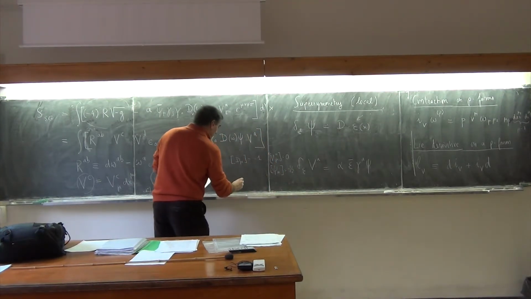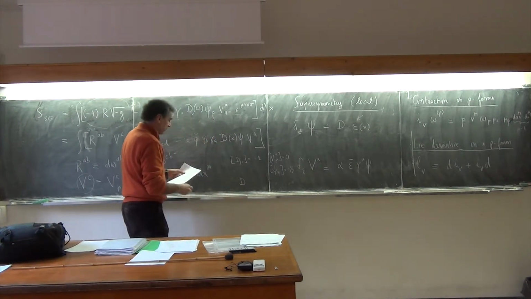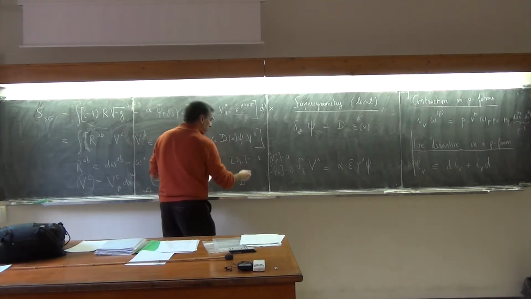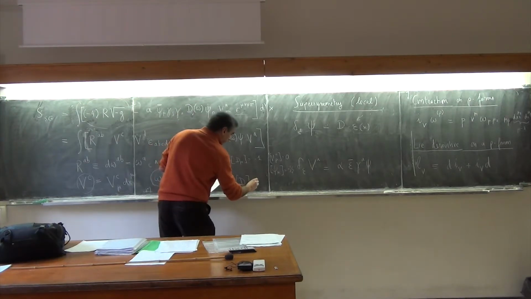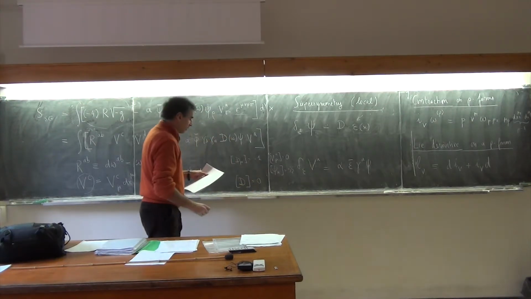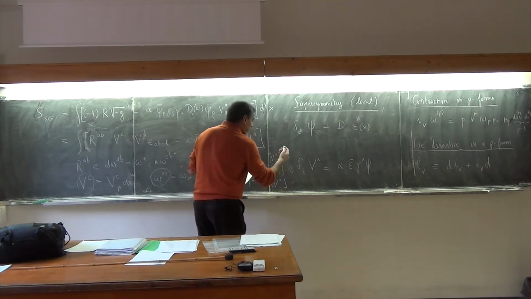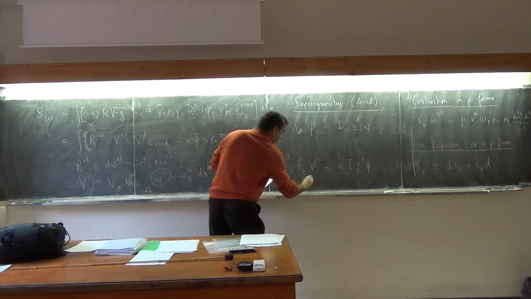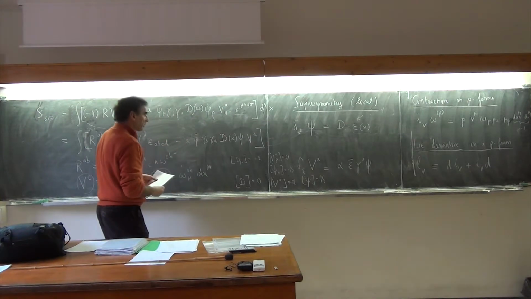If you take them as forms, since you are taking away this index, you are really adding a length dimension because you are adding dx mu, and so this as an exterior derivative has length dimension 0, v has length dimension 1, and psi has length dimension 1/2.